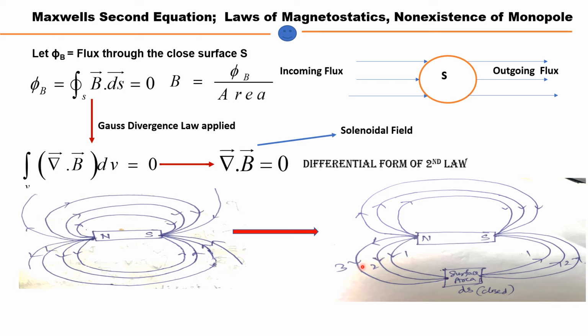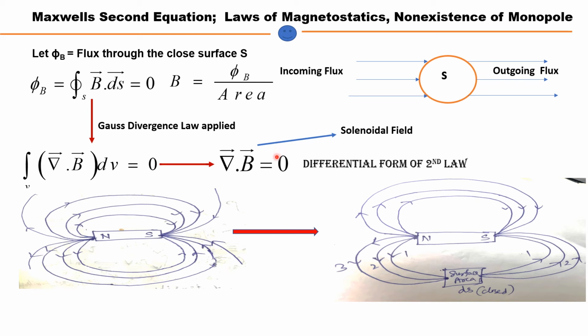The same number of field lines emanate, 1, 2, 3, diverging. So the total number of incoming fluxes is equal to the total number of outgoing fluxes. Physically, this means that the divergence of the field is 0.